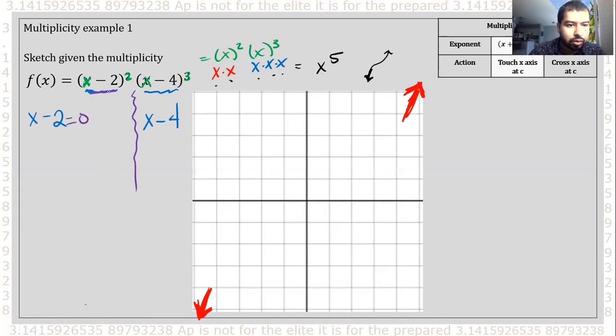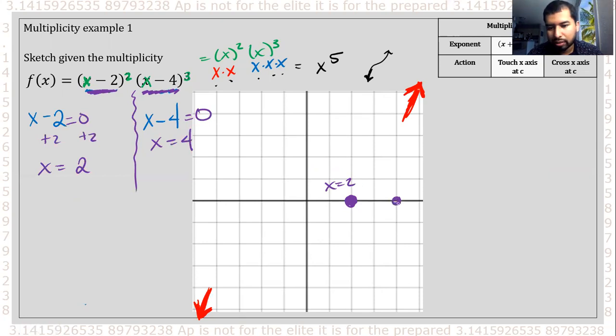So x minus 2 equals 0. Add 2, x is equal to 2. So at x equals 2, I have an x-intercept. The next one is x minus 4, from my factored form. Set it equal to 0, x is equal to 4. So right here, x equals 4.